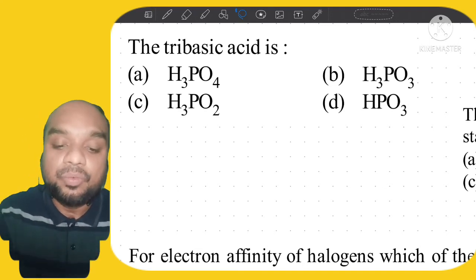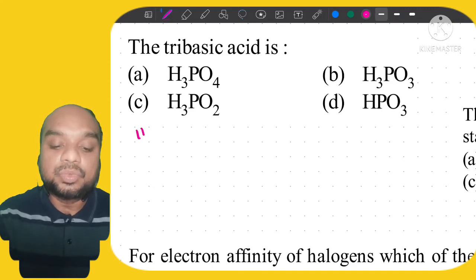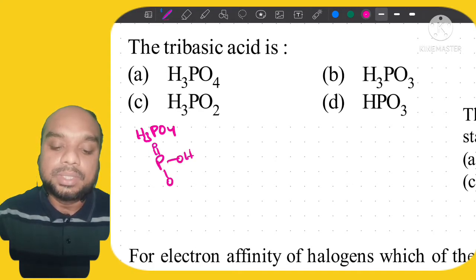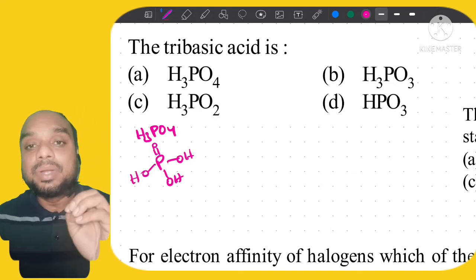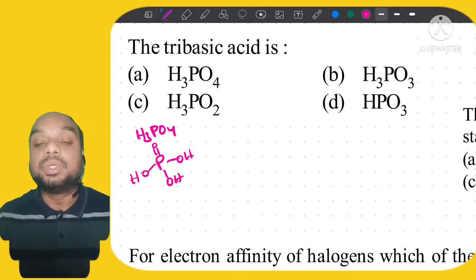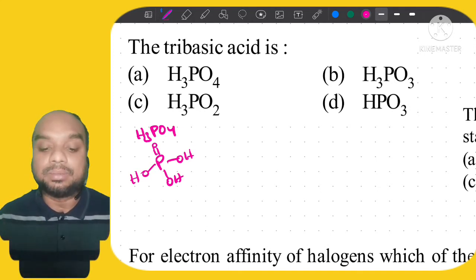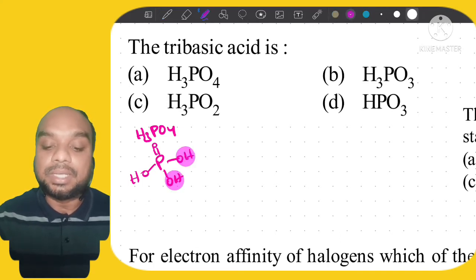Now, the first substance given is phosphoric acid, H3PO4. Here P double bond O, and OH, OH, OH bonds. This is the structure. Replaceable hydrogen atoms are the hydrogens combined with oxygen. So here 3 replaceable hydrogen atoms are there: 1, 2, 3. That's why it is tribasic.